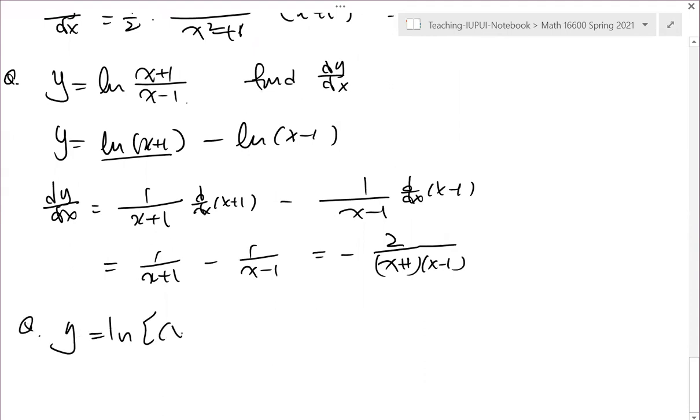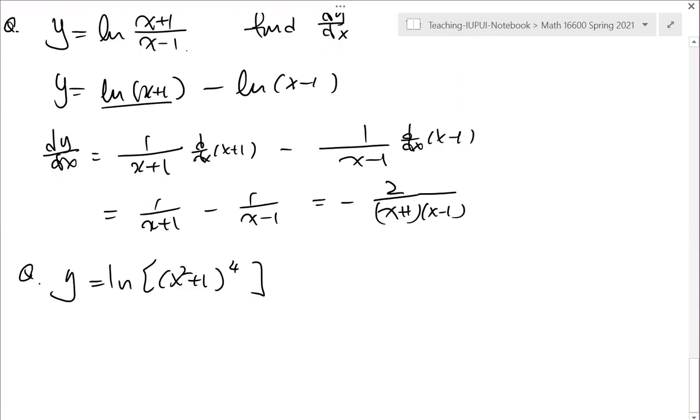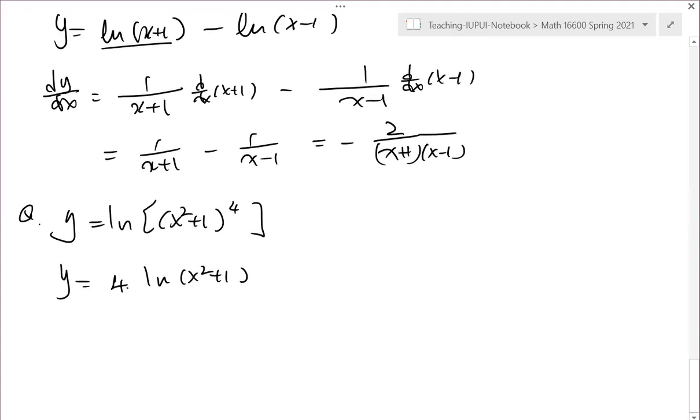You can try this also. Yeah, I'm going to show it to you. Okay, so y equals 4 natural log of x squared plus 1, right? Then it'll be much easier. So the derivative of y equals 4, then x squared plus 1 should go to the denominator.